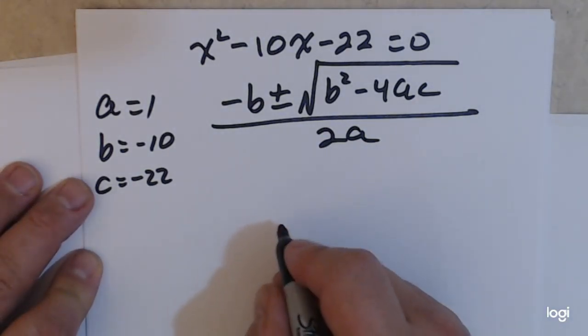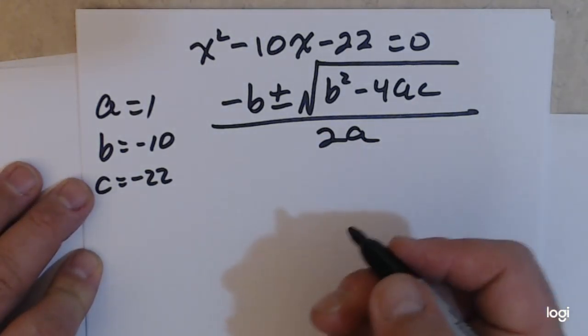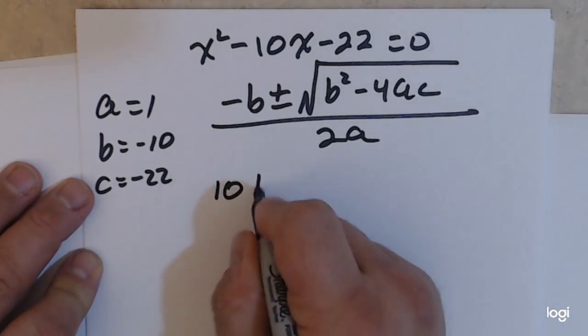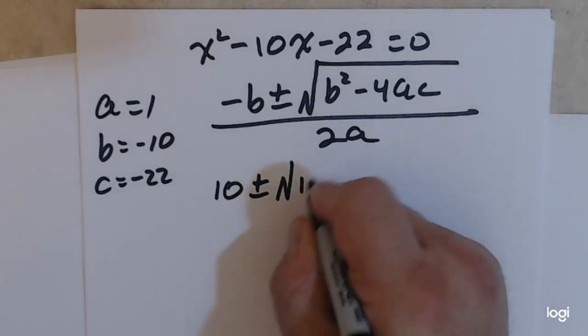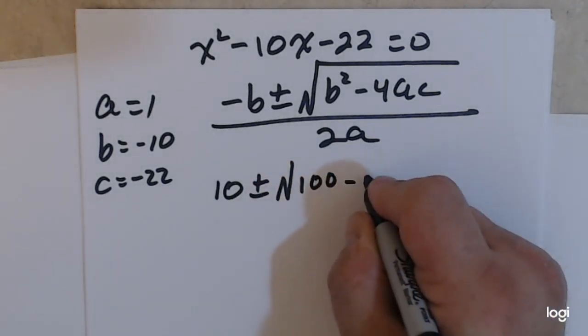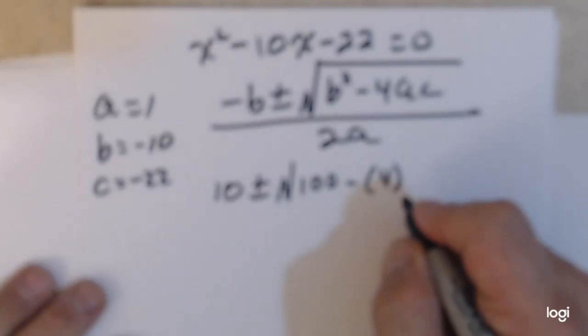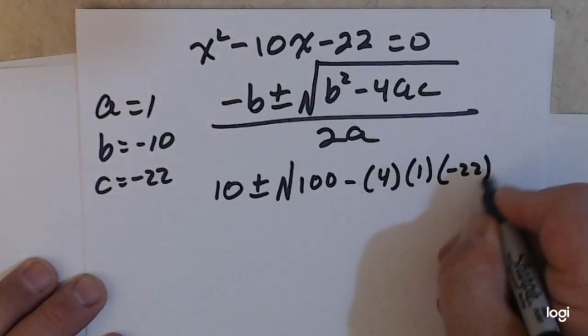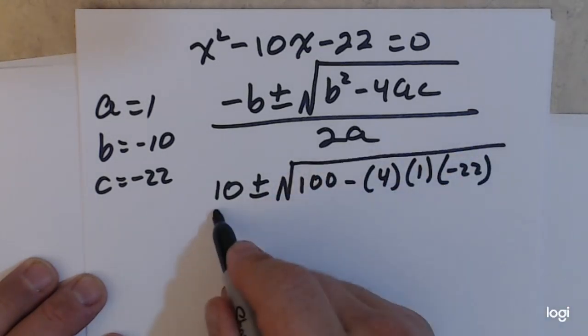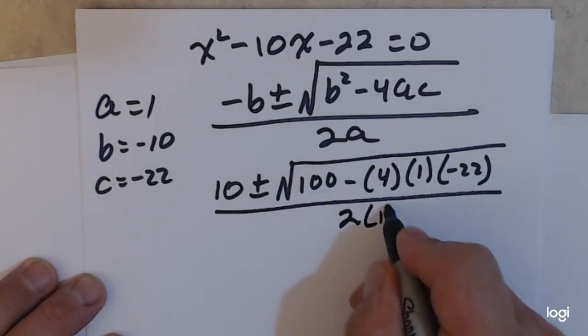Well, negative b would be negative 10, so we're looking at 10 plus or minus the square root of, well, negative 10 squared is 100 minus 4 times 1 times negative 22 over 2 times 1.